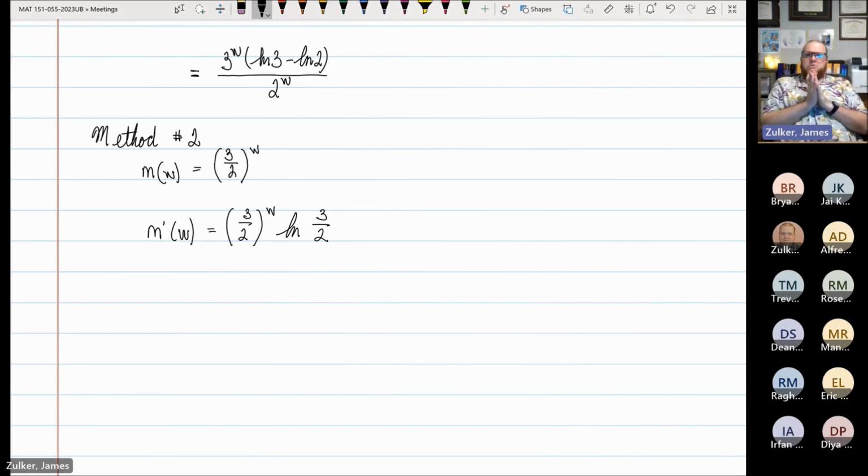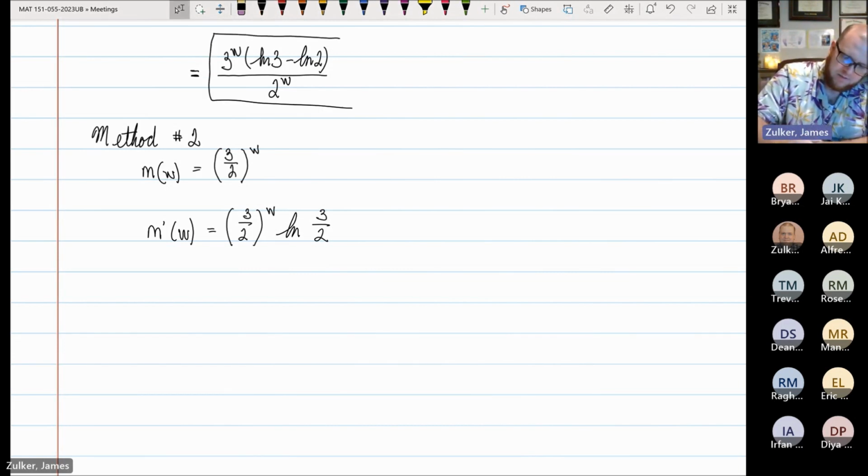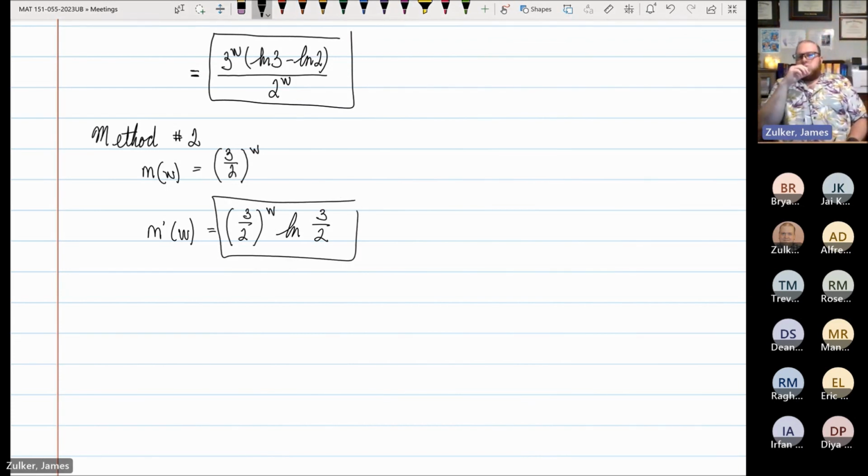These two derivatives, are they the same?